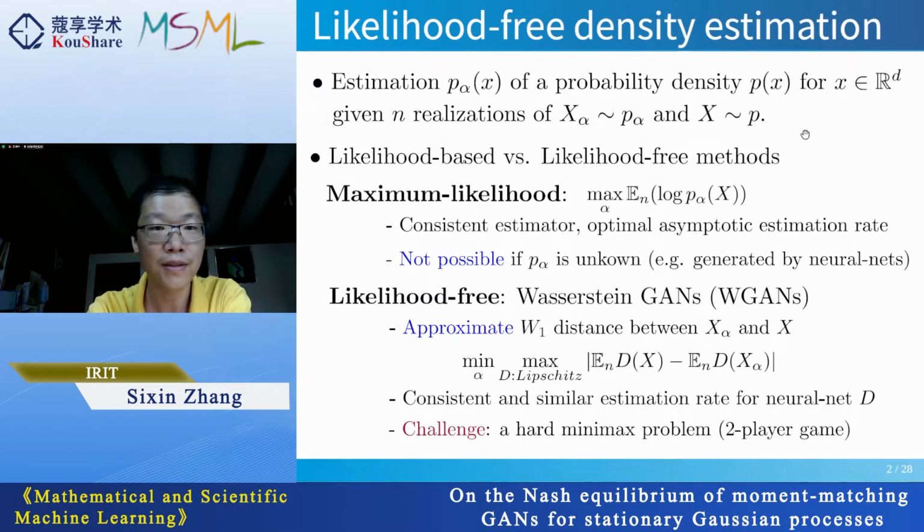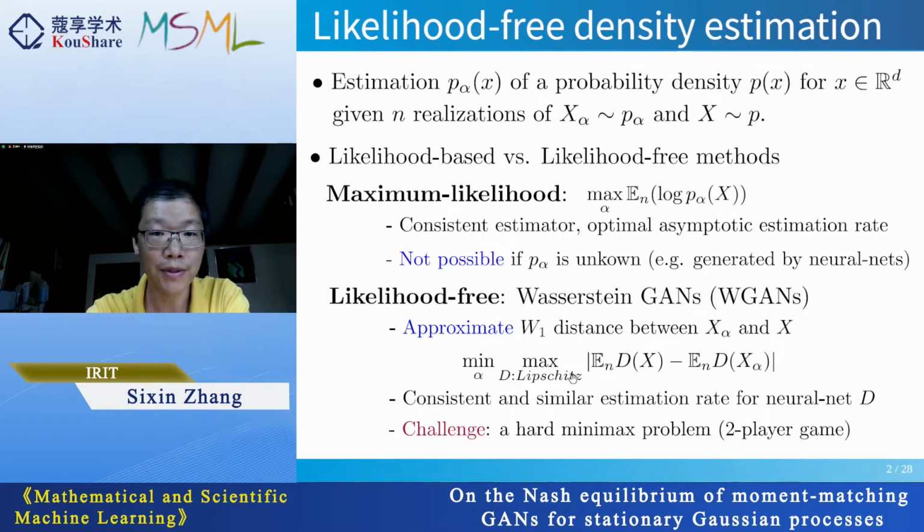This is one motivation for using Wasserstein GANs, because in this problem we can try to estimate the Wasserstein distance between these two probability distributions by solving a min-max problem.